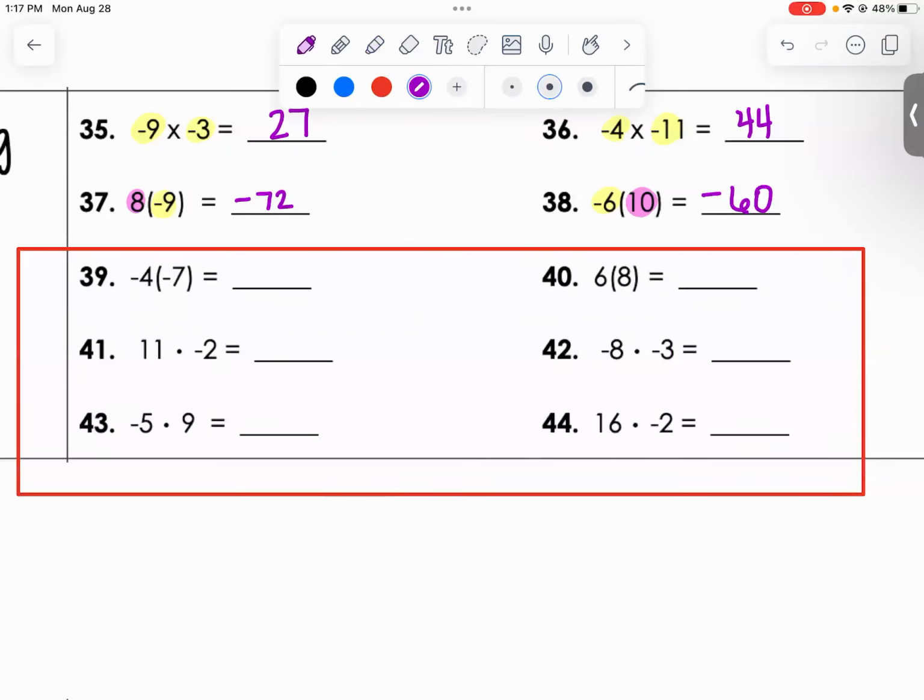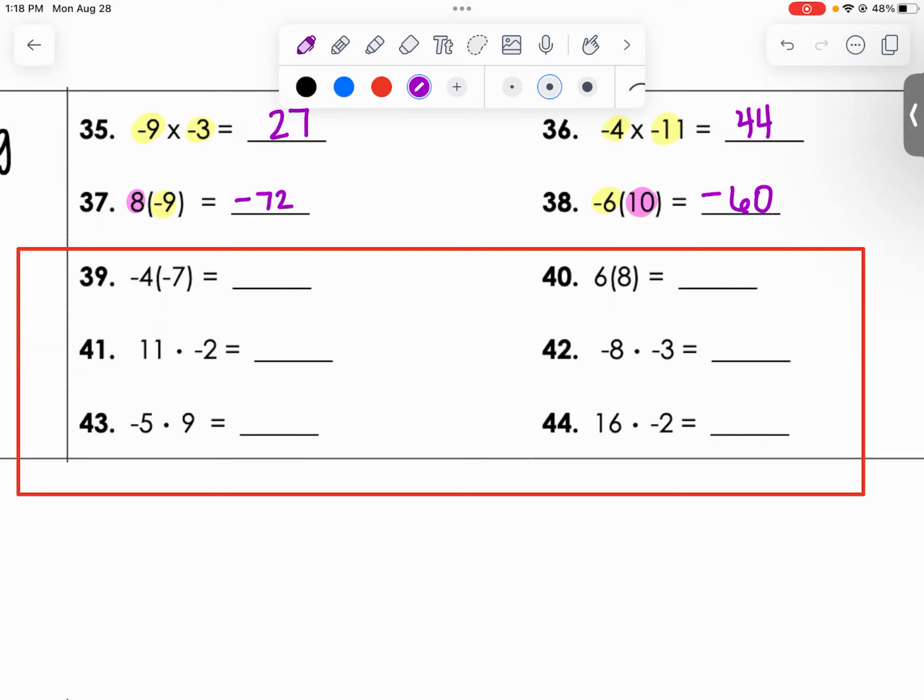Got what? I don't get this. Got 1.8? 28. I didn't get 40. 40 is 48. What? Negative 24.